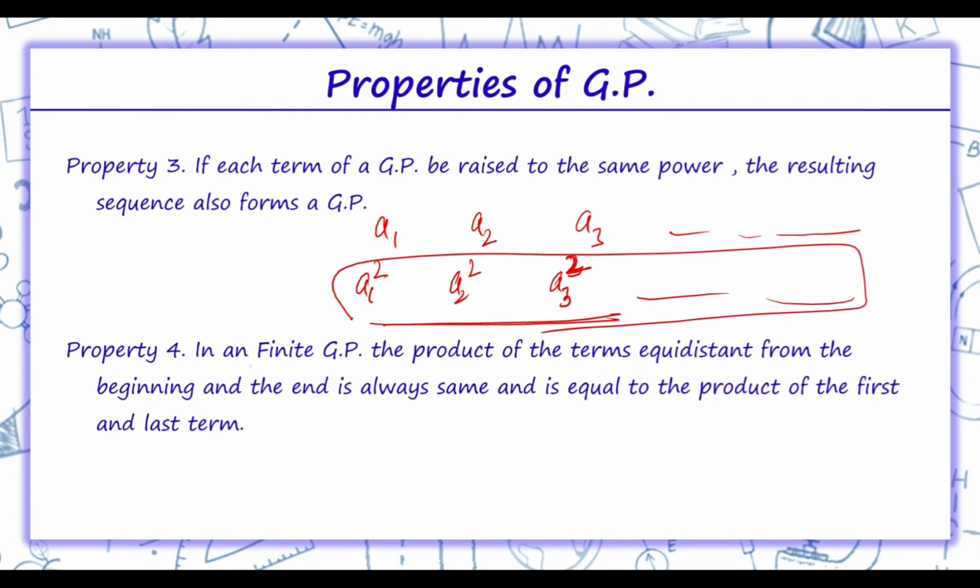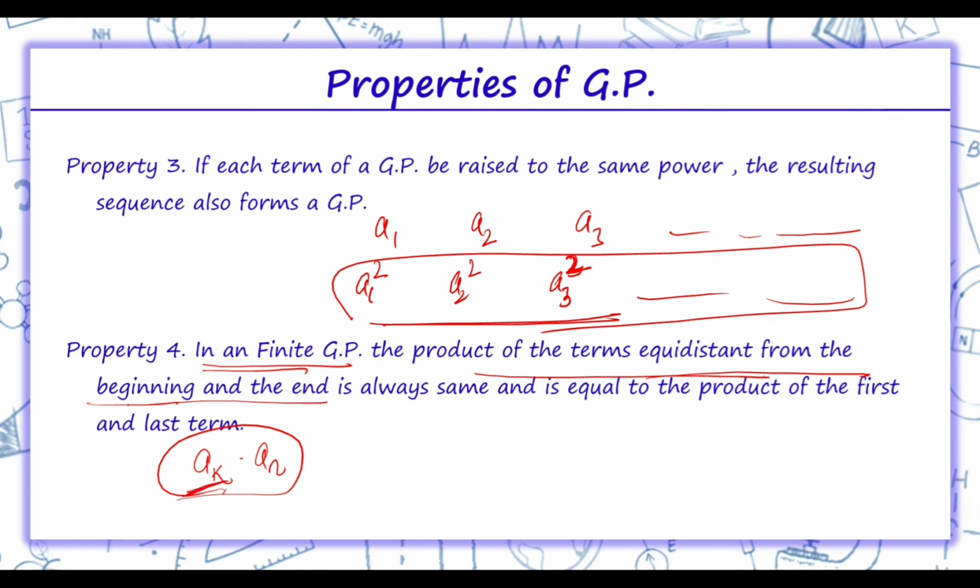Next property, in a finite GP, the product of the terms equidistant from the beginning and the end, that is, the product of the terms equidistant from the beginning and end. Let's suppose from the beginning it is AK, from the end it is AN. So the product of these terms equidistant from the beginning and end will be equal to the product of the first and last term.